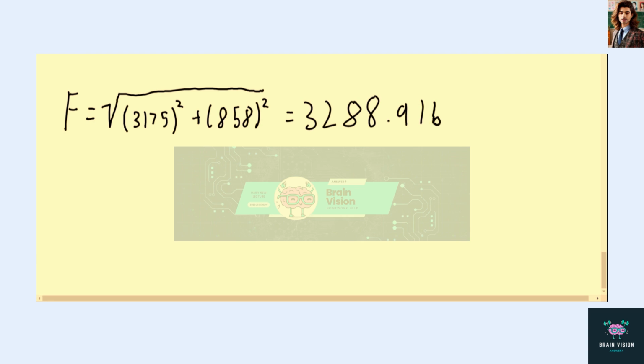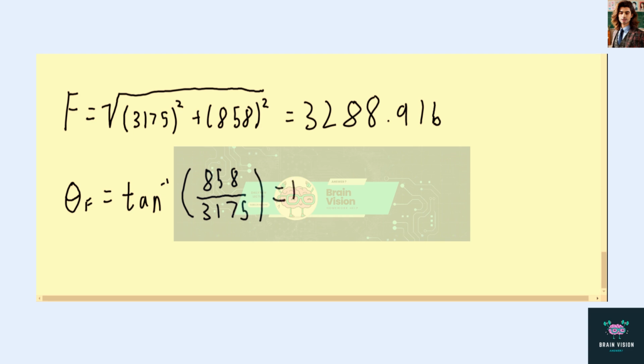And to find the direction of this force, we take the tangent inverse of 858 divided by 3,175. And this will give us an angle of 15.12 degrees.